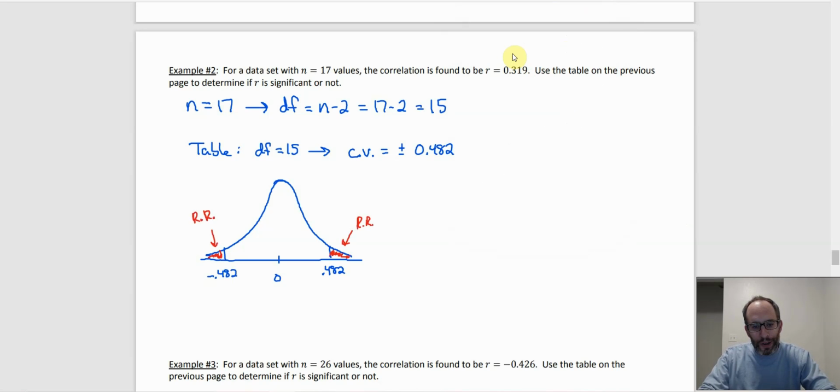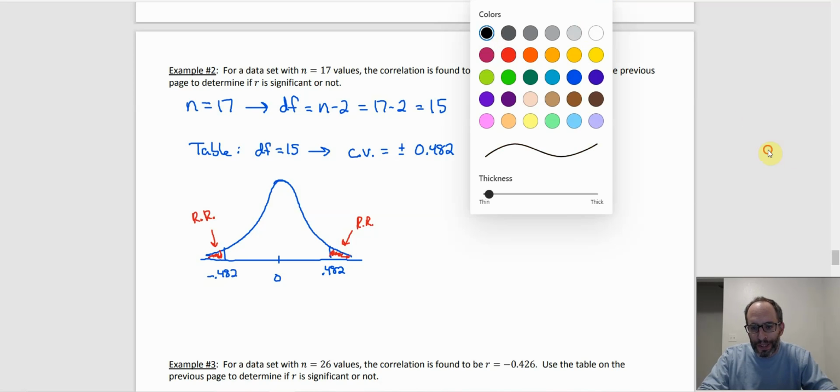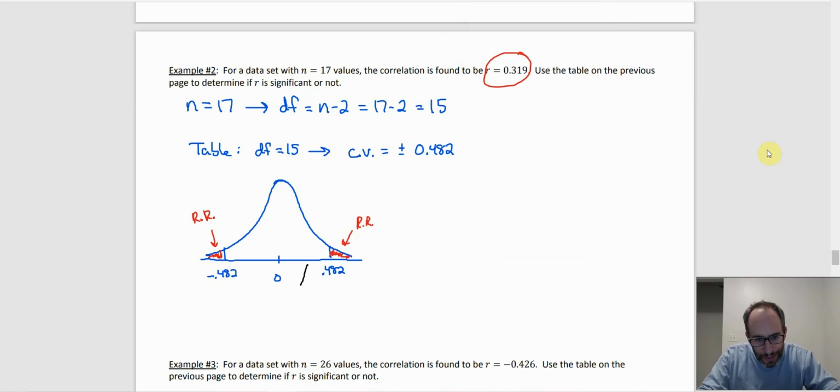And then where is our sample correlation? Well, it's 0.319, so it's bigger than 0, but it's less than 0.482, right? Like it's maybe about here. So it's not in the rejection region. So what we would end up with for an answer is, well, it's not going to be significant, or we would not reject the null, right?